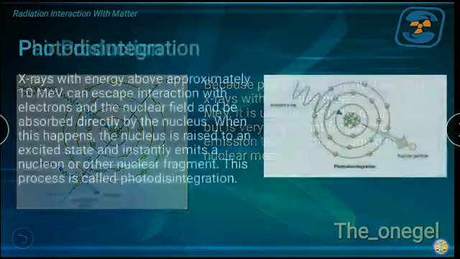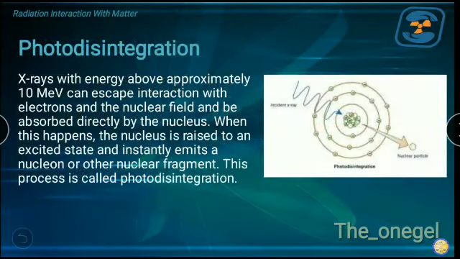Okay. Last, but definitely not the least, is an interaction with very high energy. X-rays with energy above approximately 10 mega electron volts can escape interaction with electrons and the nuclear field and be absorbed directly by the nucleus. So, when higher than 10 mega electron volts, it is absorbed by the nucleus.